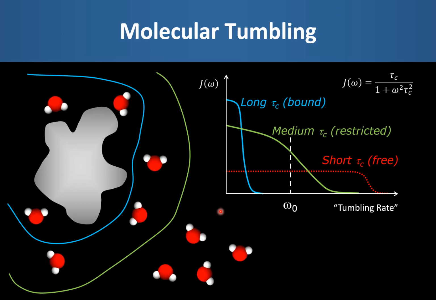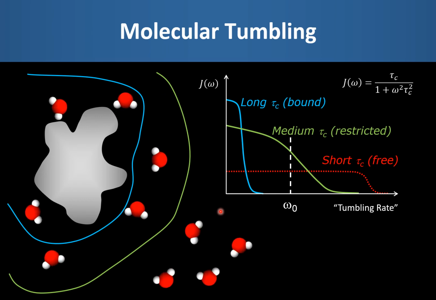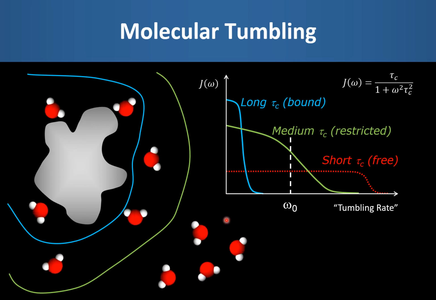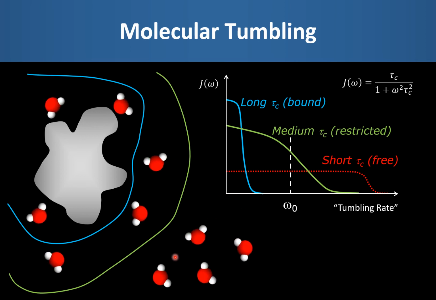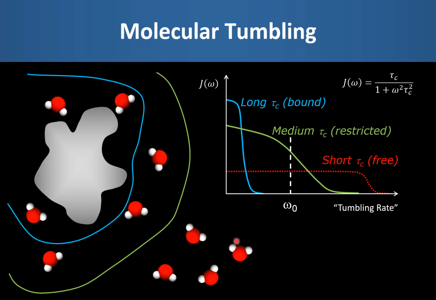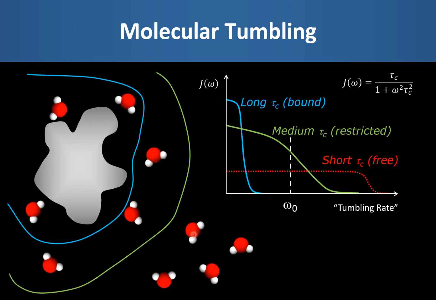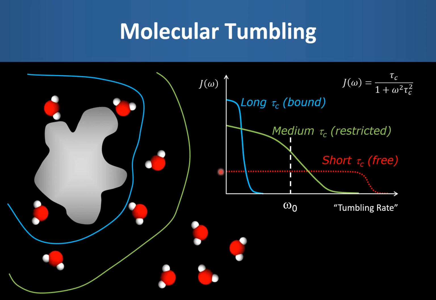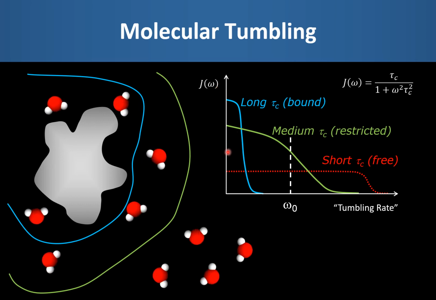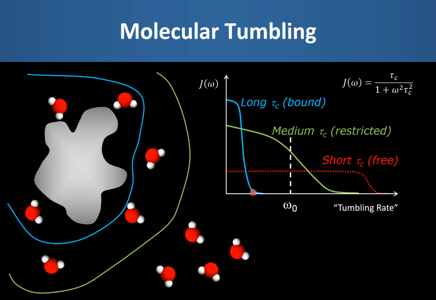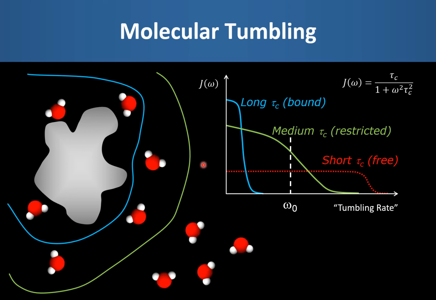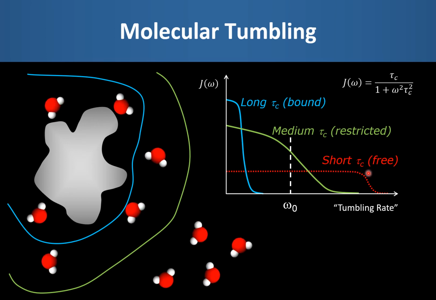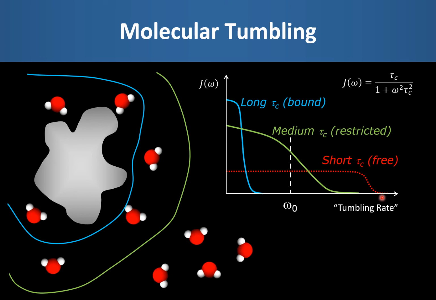So the T1 relaxation is really given by this molecular tumbling rate. We can see in this cartoon that we have free protons here, which are not bound to any macromolecules. And we can see on this diagram, which essentially represents the number of spins against their tumbling rate, that there is a wide distribution of tumbling rates within these free protons.